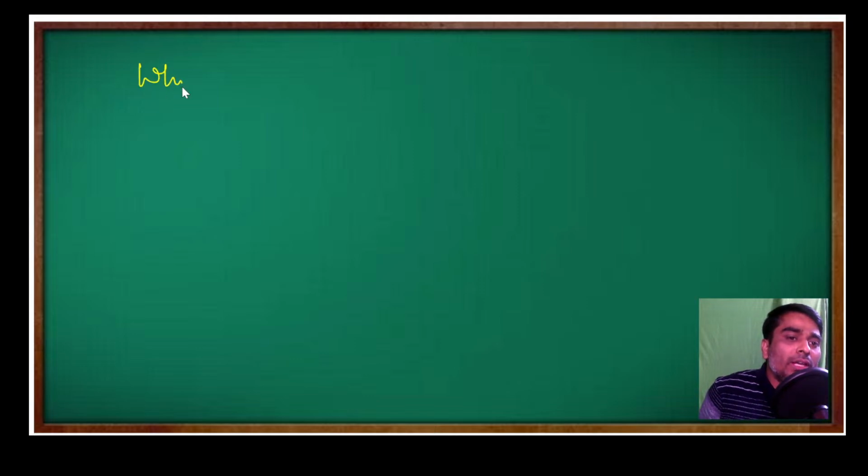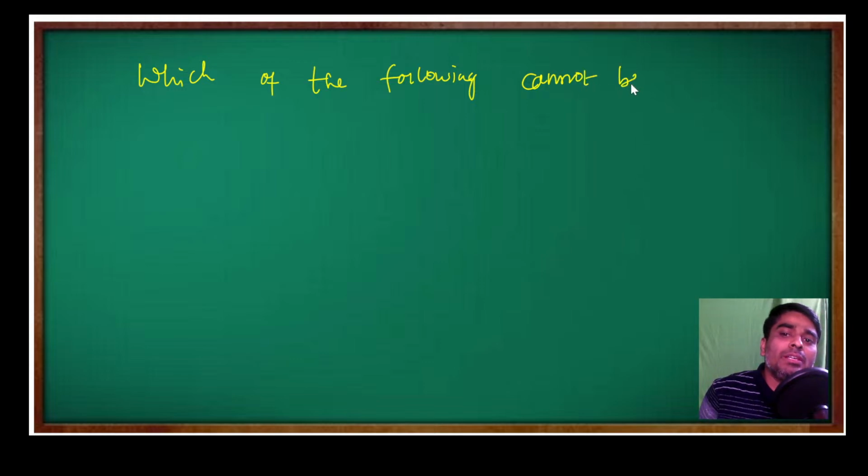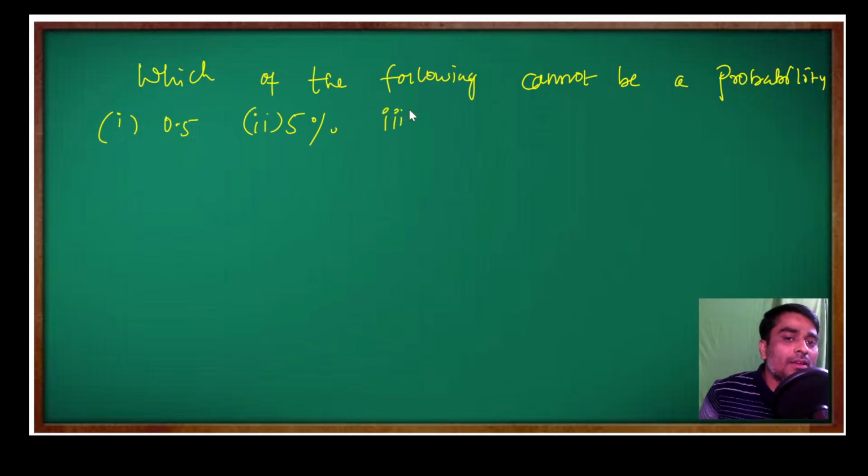Next question: which of the following cannot be a probability? 0.5, 5%, 1 by 0.5, and the fourth option is 0.5 by 14.